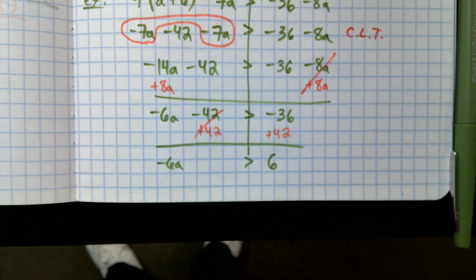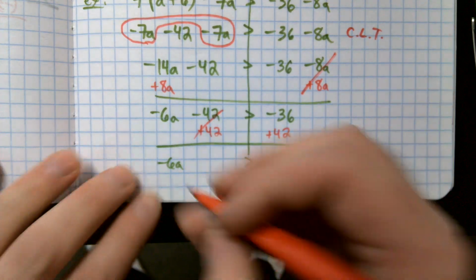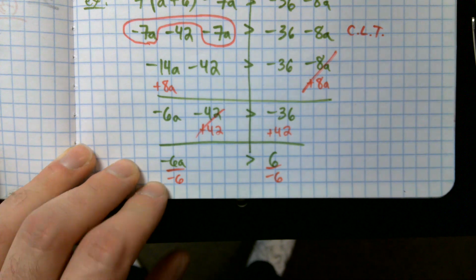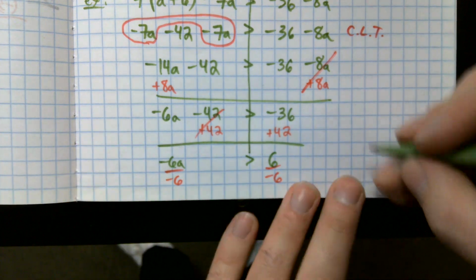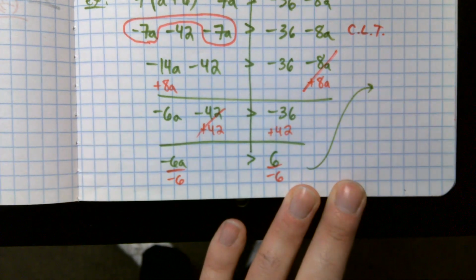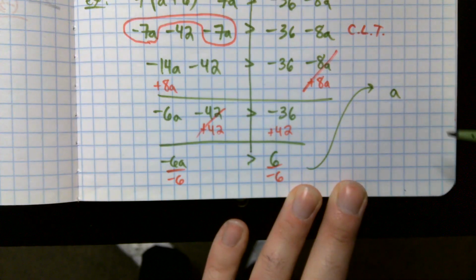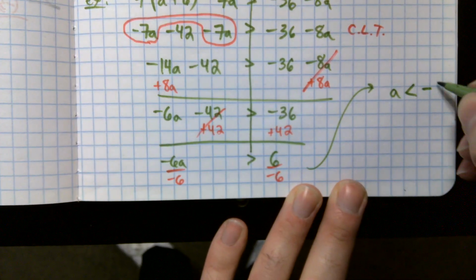What's my last step here going to be? Divide by negative 6. What happens when I divide by negative 6? You flip the symbol. The symbol flips. I get A is what? Less than negative 1.